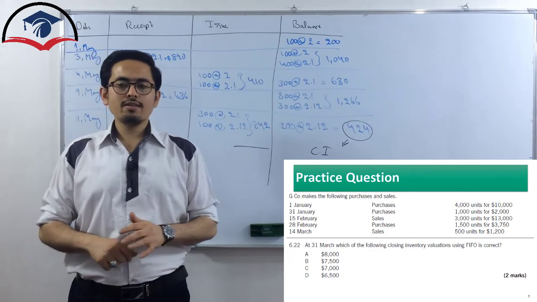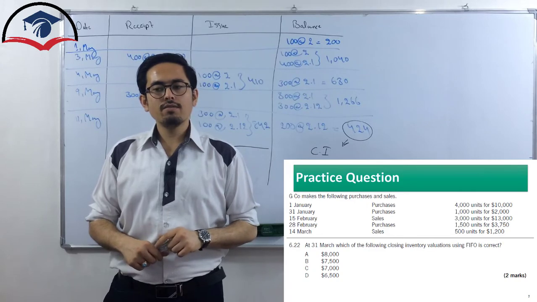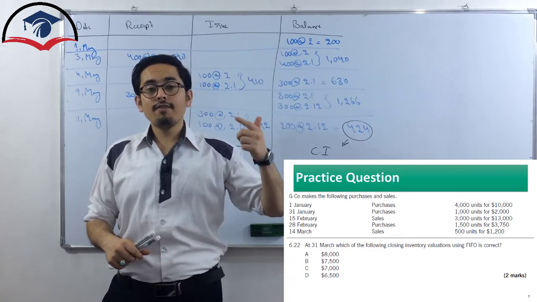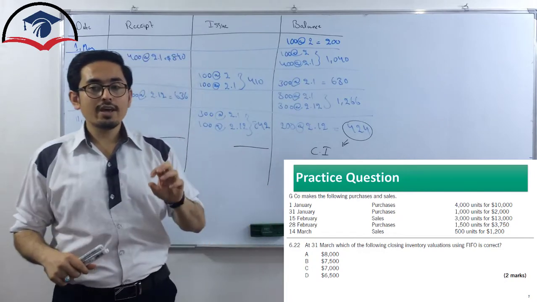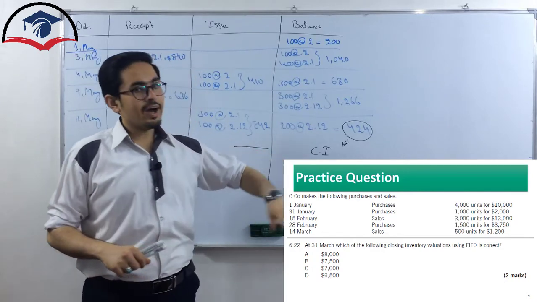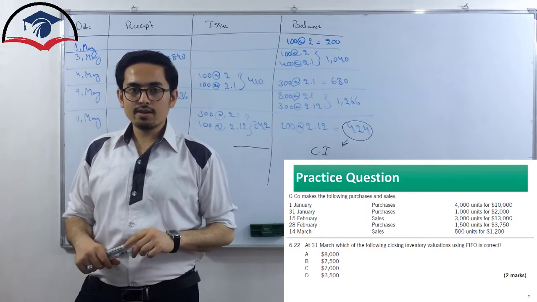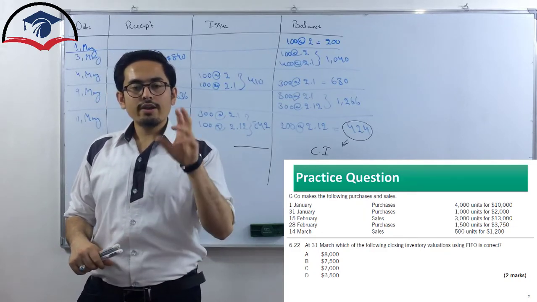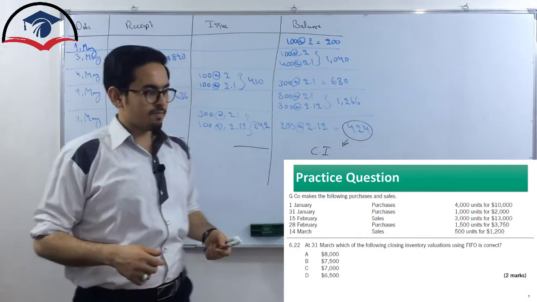The question said, at 31st March, which of the following closing inventory valuations using FIFO is correct? What is the closing inventory value at the end of the period using the FIFO method? First in, first out. So I recommend pause the video, and after that I will solve this one for you.